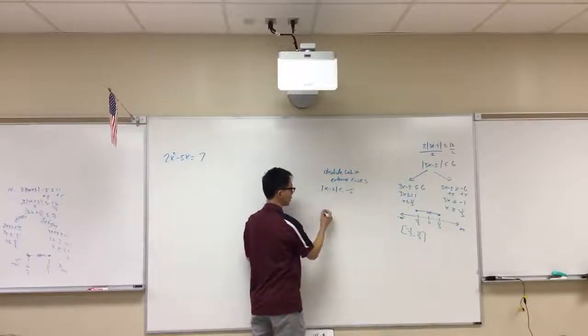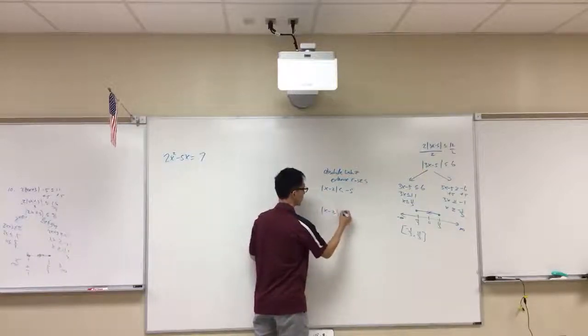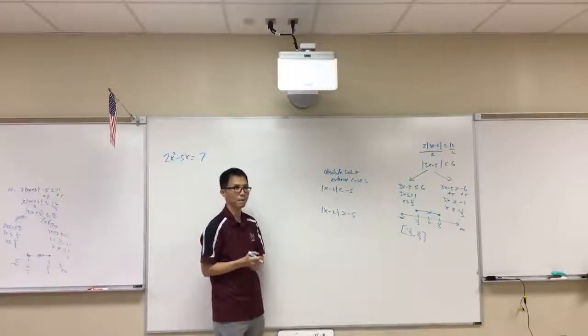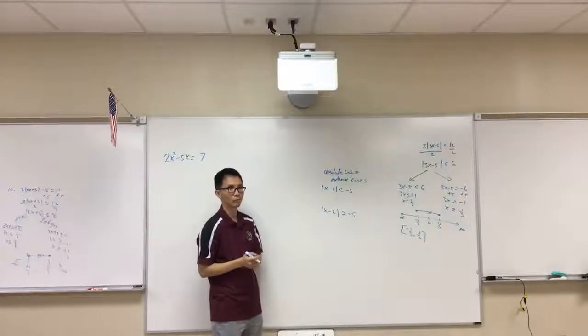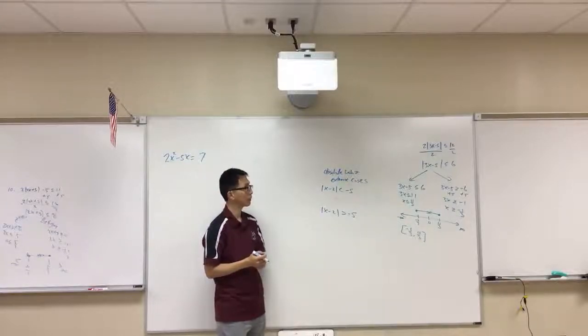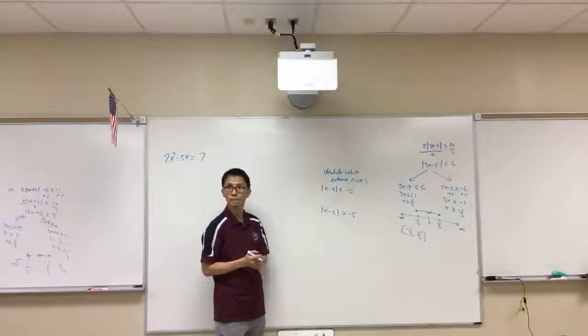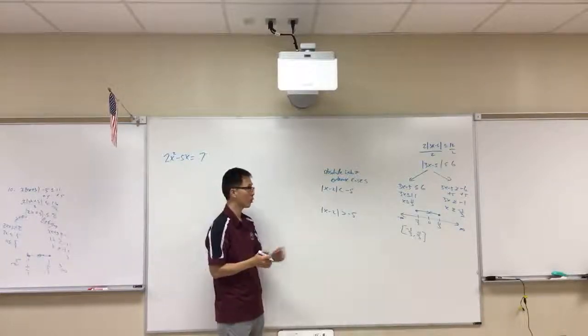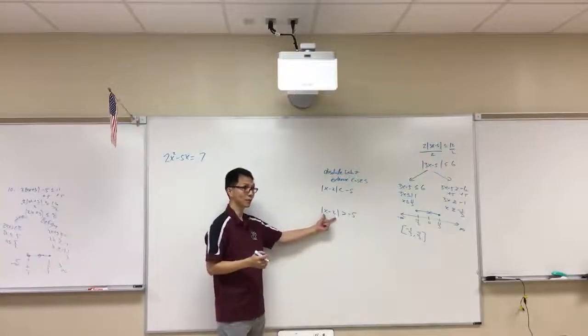So this you can think through. What do you think about this one? What do you think the answer of this one is? Well, absolute value is always positive, right?